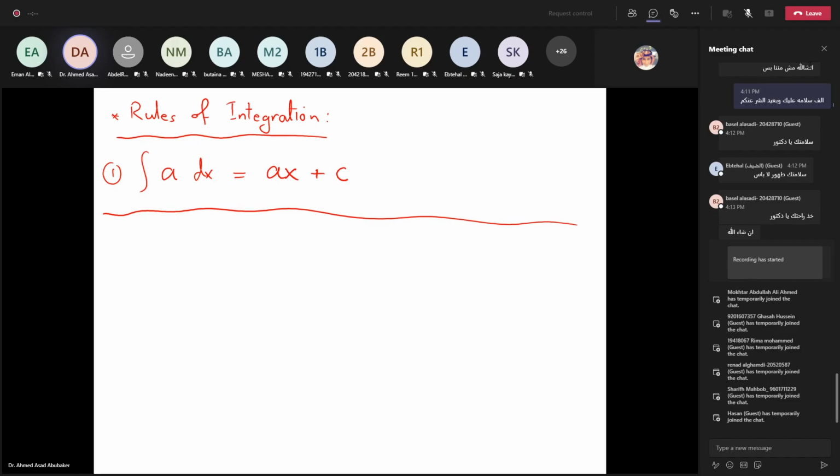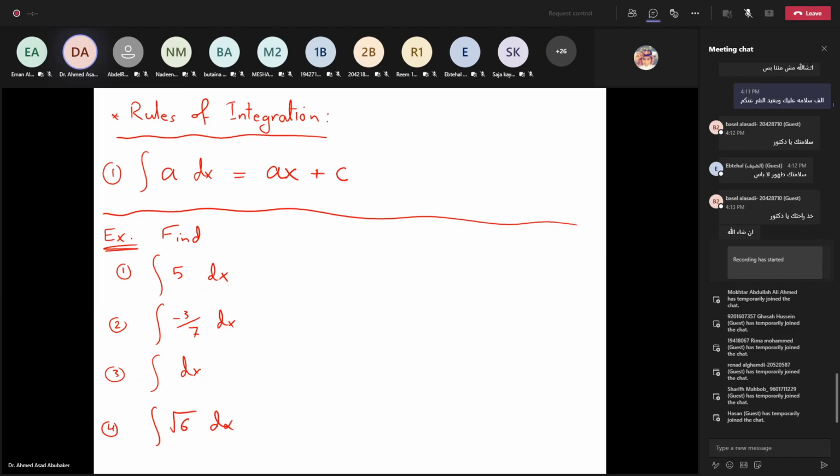Example, find number 1 integral of 5, number 2 integral of negative 3 over 7, number 3 integral of dx, number 4 integral of, for example, radical 6 dx.